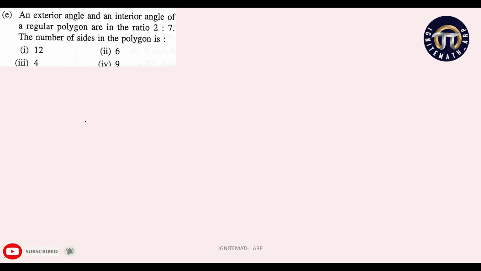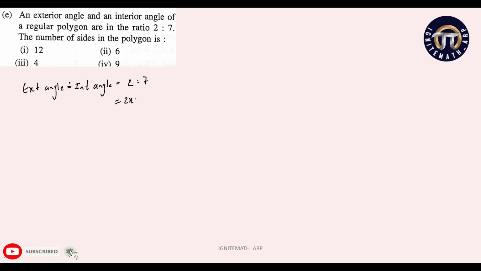An exterior angle and an interior angle of a regular polygon are in the ratio 2:7. Right? So they have given you the ratio here. Clear? So exterior angle is to interior angle is equal to 2:7.